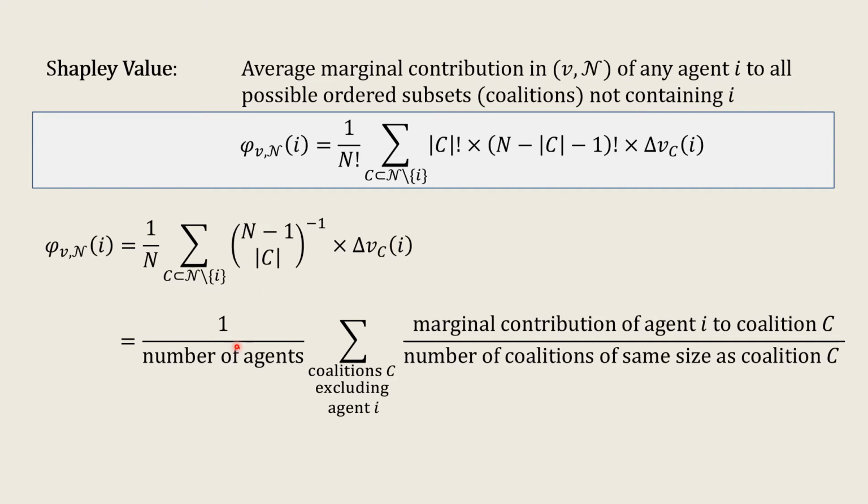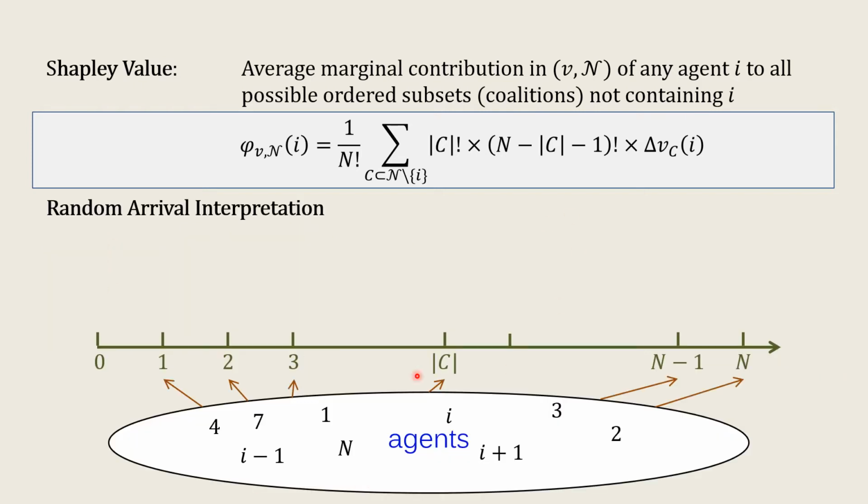And this is equal to 1 over the number of agents and summation over all coalitions C that exclude agent i of the marginal contribution of agent i to coalition C divided by the number of coalitions of the same size as C. So this is the random arrival interpretation of the Shapley value.